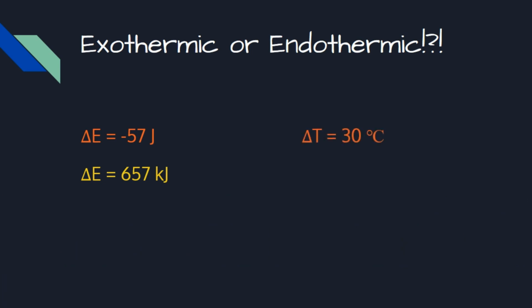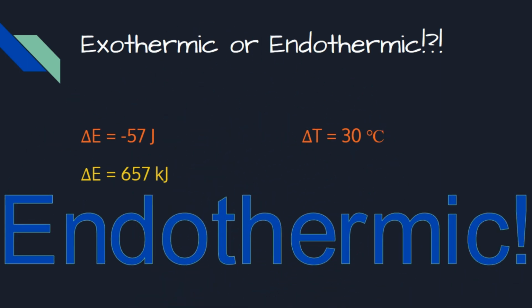My delta T is 30 degrees. My products have a higher temperature than my reactants. Where did that extra kinetic energy come from? It must have come from the environment. That is an endothermic reaction. Energy was absorbed from the outside, which is why the temperature of my products is greater than the temperature of my reactants.